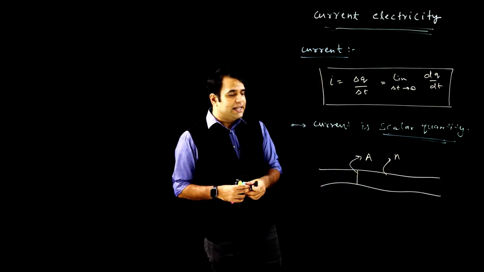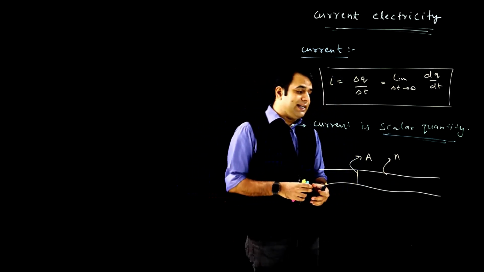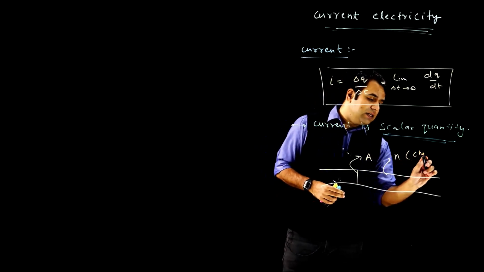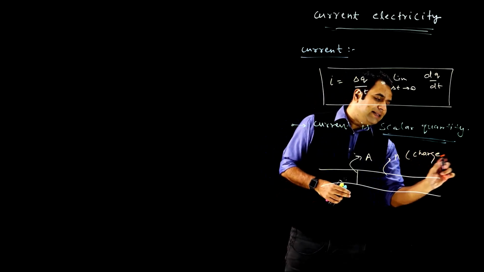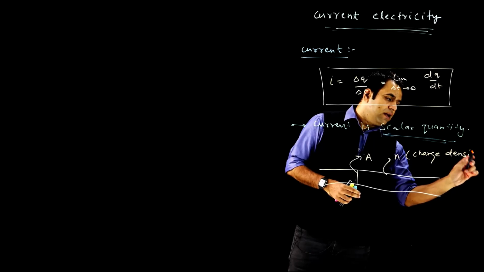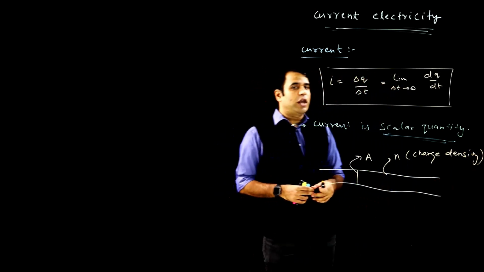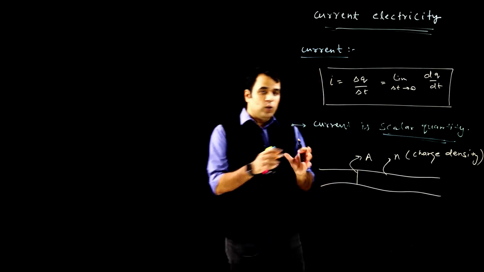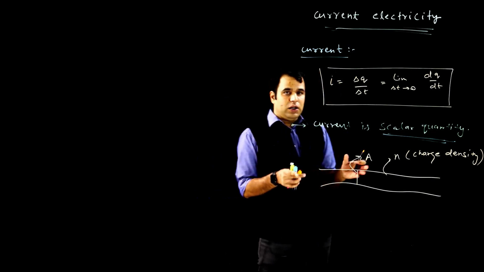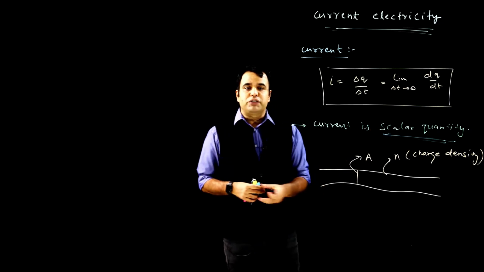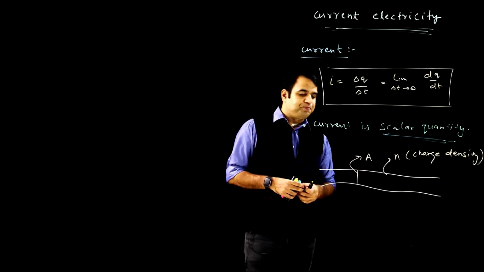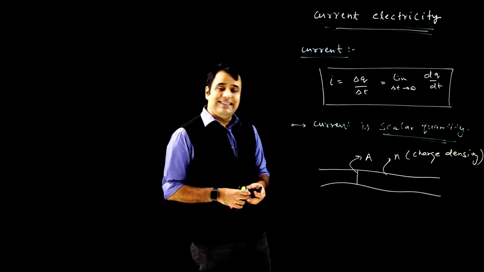I'm talking about the positive charge density per unit volume. So in one unit volume, there are n number of charges inside this conductor. The cross-section area is A.